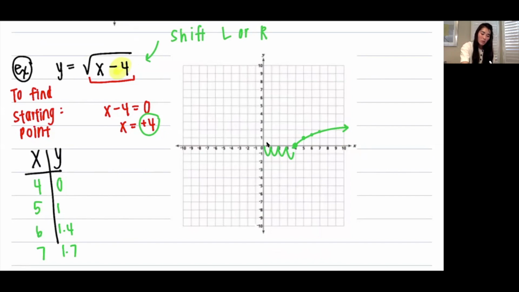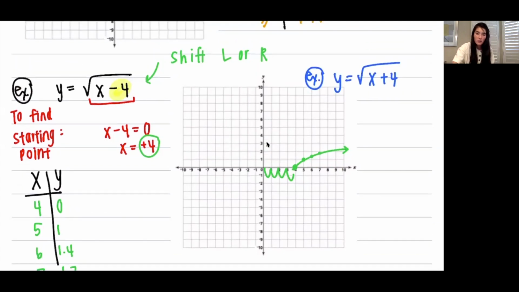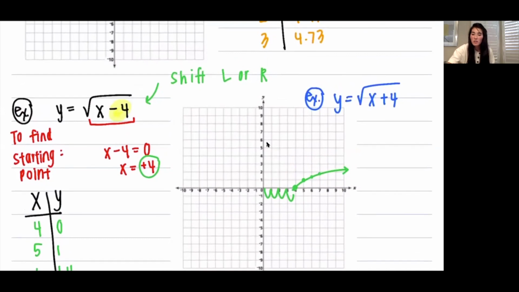If I had something like y is equal to the square root of x plus 4, how do you think that would shift? Hopefully you said that it would shift to the left. It's always backwards. The same idea applies: you set this equal to 0, giving -4, and that would be your starting point. So a graph like this would shift to the left of 0. That's what's happening when it's underneath the radical sign.